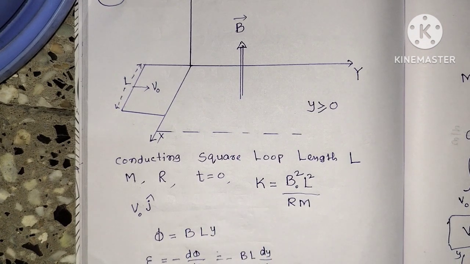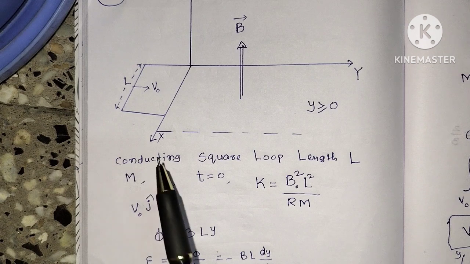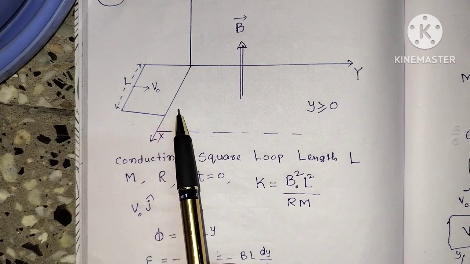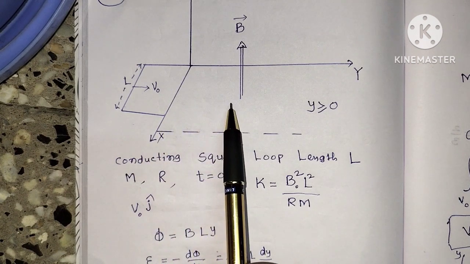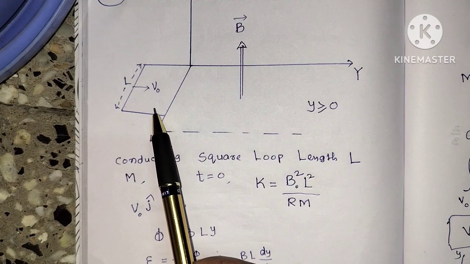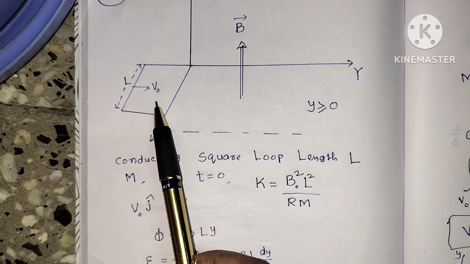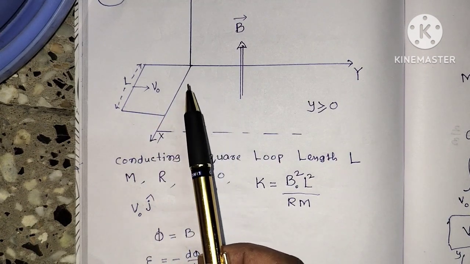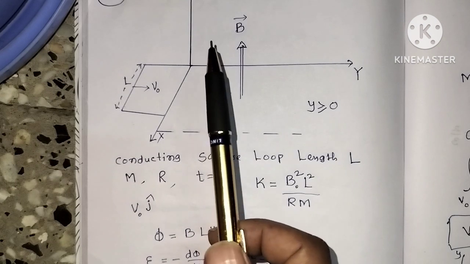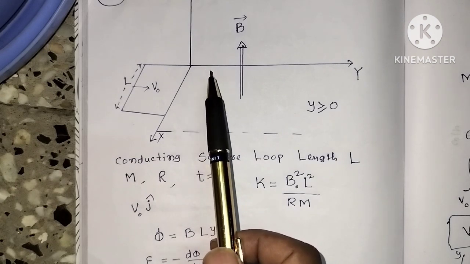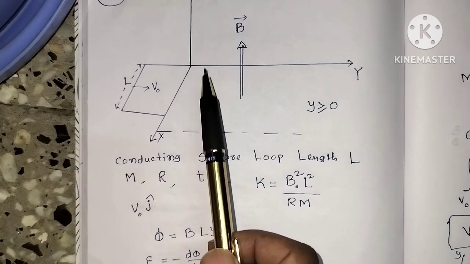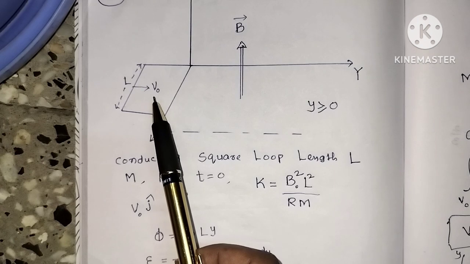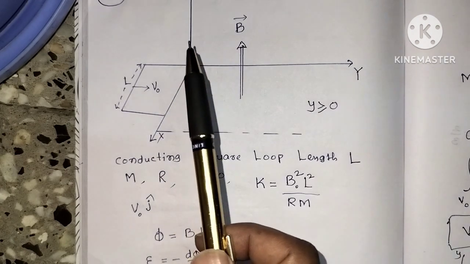First we will understand that when this loop is entering into this magnetic field, the magnetic flux through this loop will keep on increasing along the z direction, because the magnetic field is along the z direction.